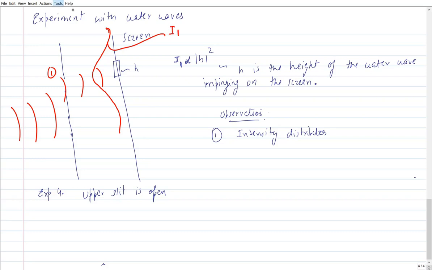Also, my observation is that the screen measures a continuum of intensities. You know, this is the difference between doing this experiment with bullets as compared to doing this experiment with waves like the water wave. In the case of bullets, I was either getting the whole bullet, or I was not getting any bullet at a particular point in the screen.